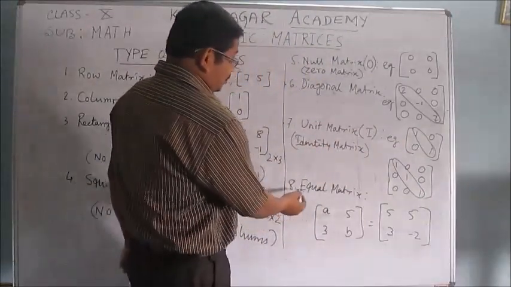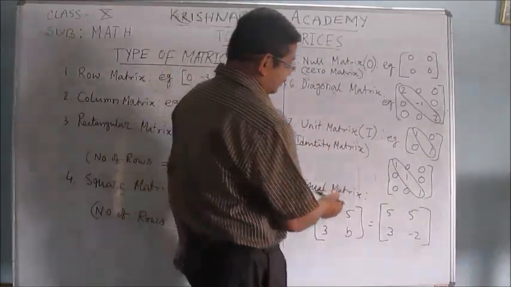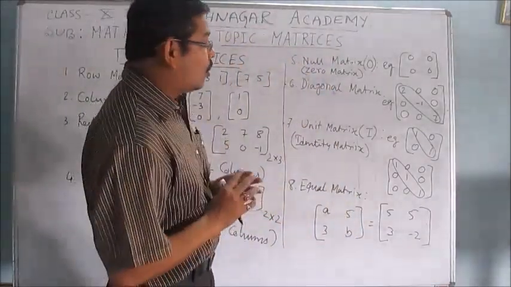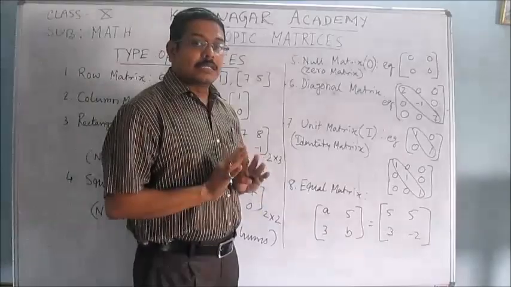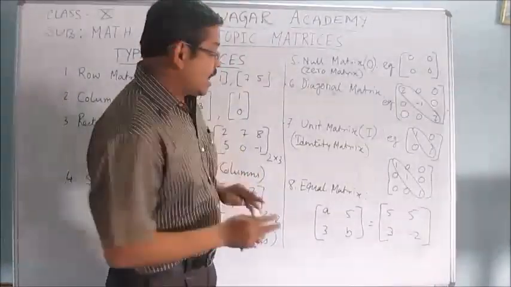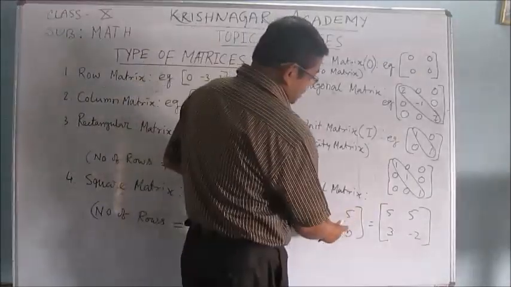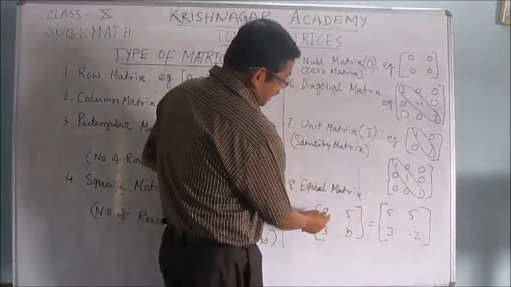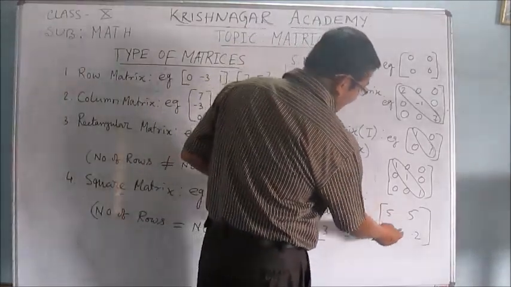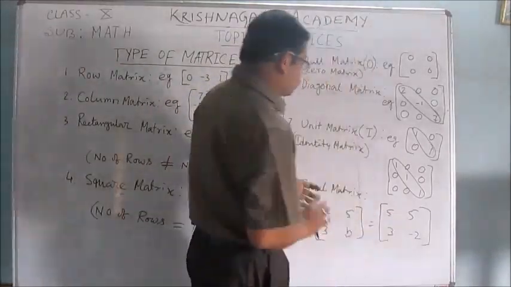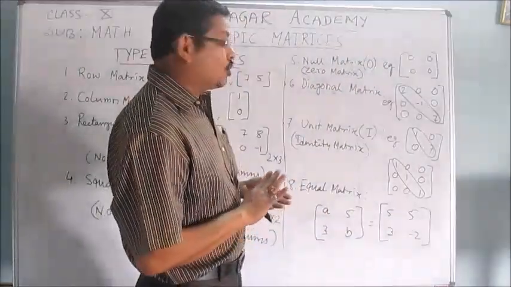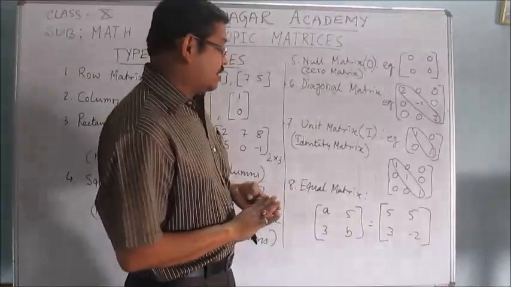Now you see the 8th type, equal matrix. Two matrices are said to be equal when the order of the matrices is the same and the corresponding elements are also the same. I have given two matrices, one with A, 5, 3, B, and on this side 5, 5, 3, -2. So I have told you an equal matrix has the same order and corresponding elements are also the same.